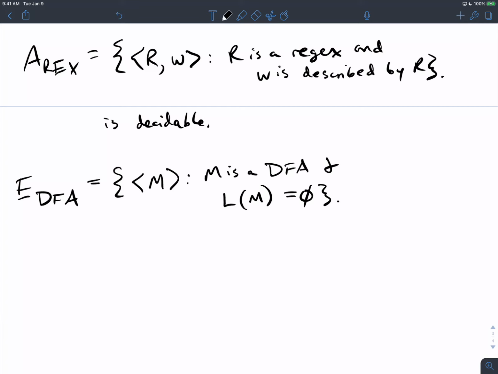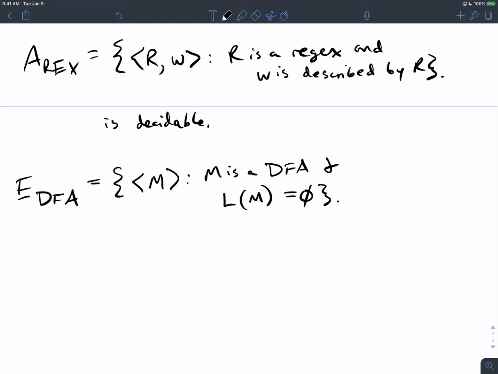If any of them do, then clearly the machine has non-empty language, and therefore we reject. Sound like a good idea? No, what's the problem with that idea? It's not decidable. That wouldn't show it's decidable because the Turing machine may take infinitely long.